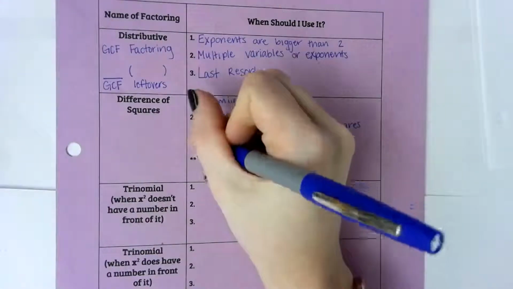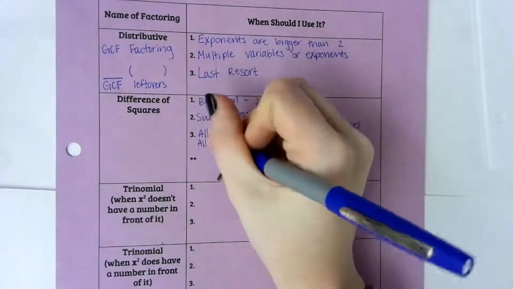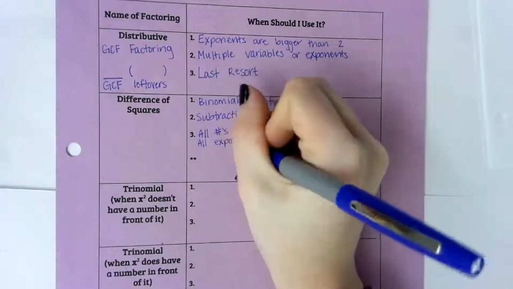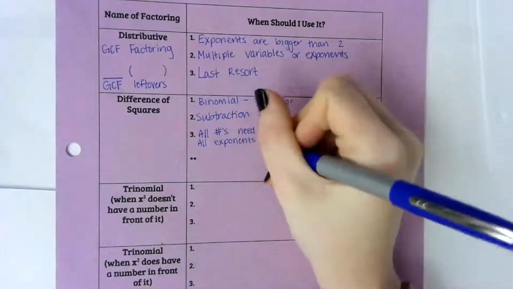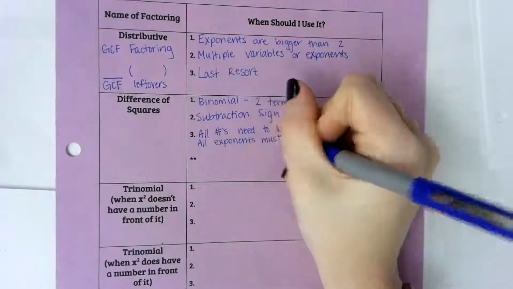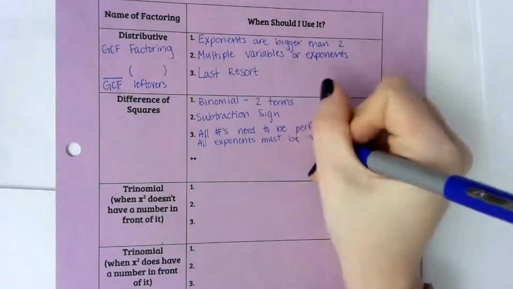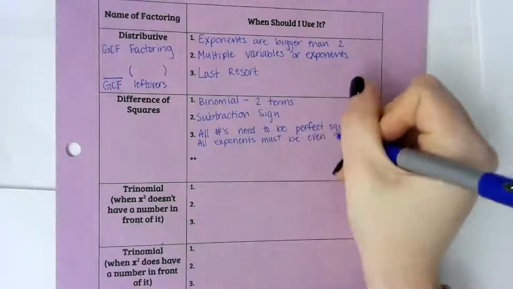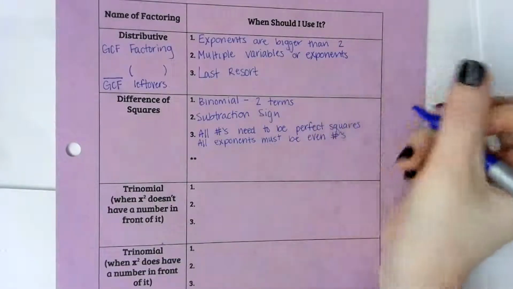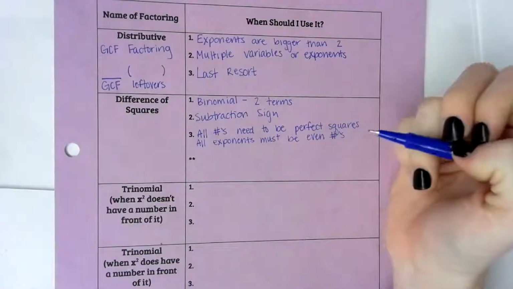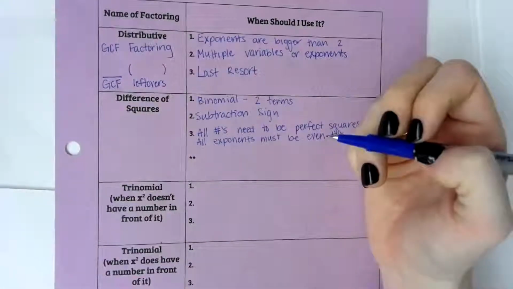And all of your exponents must be even numbers, because that means you would just do half of that.